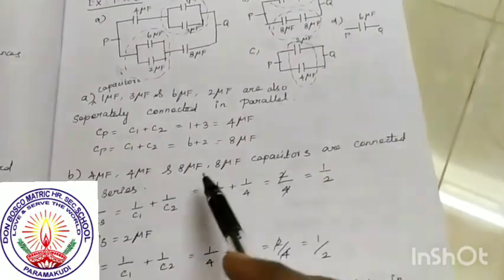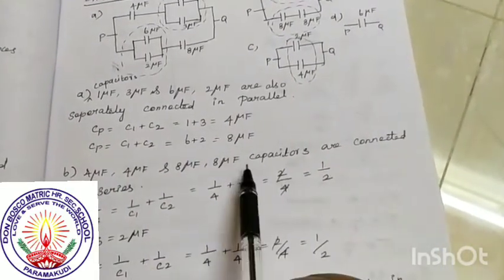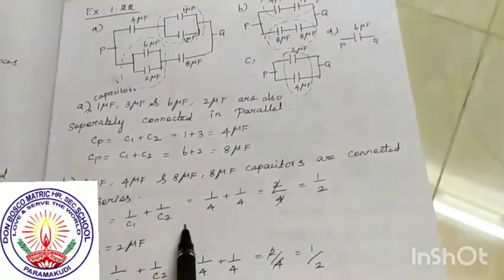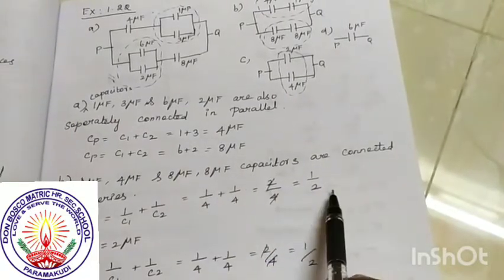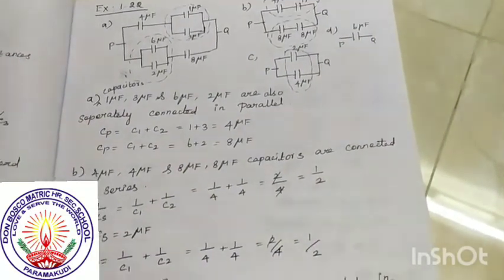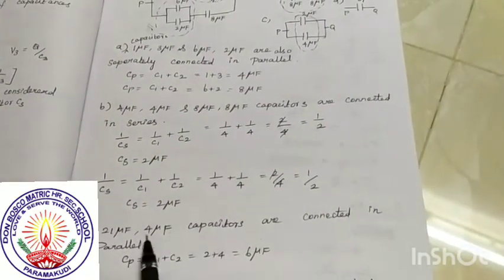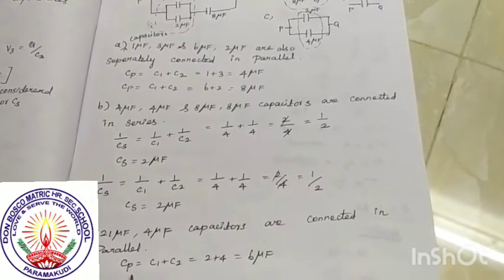And second diagram, how many capacitors? 4 capacitors are connected in series. So we have to use the series formula, 1 by C1 plus 1 by C2. So we have to add these terms. We get the series answer. And the third case, two capacitors are connected in parallel.